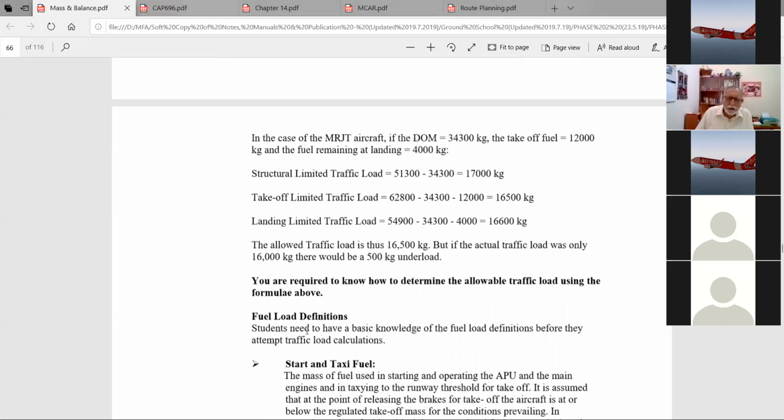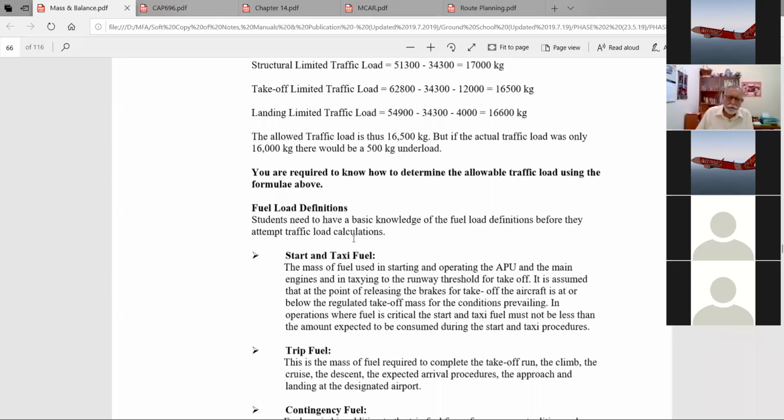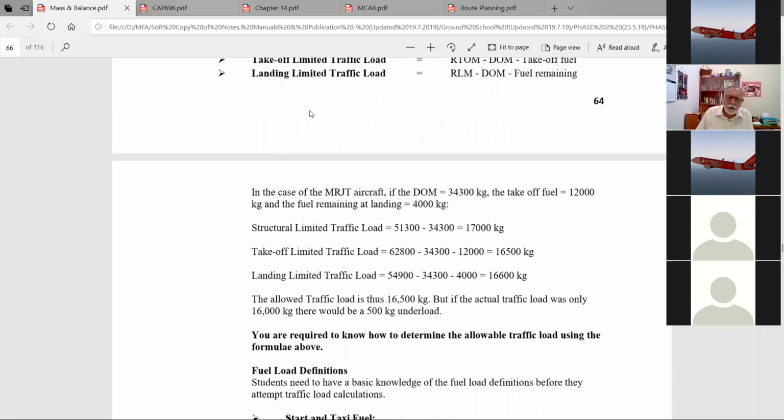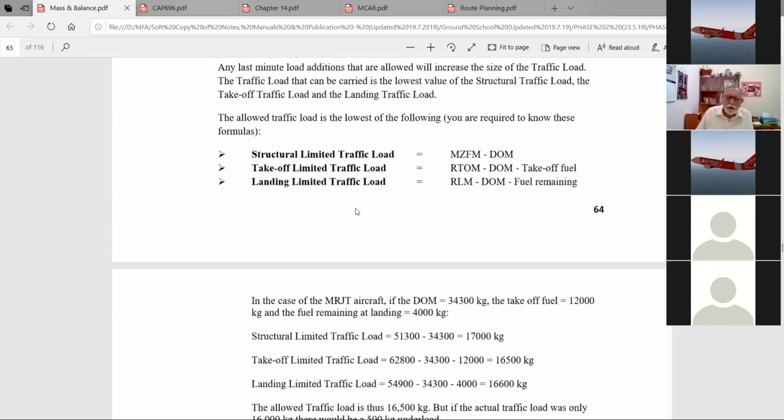And it says over here, you are required to know how to determine the allowable traffic load using the above formulae. Very important. You will get a question and you cannot use your diagram of DOM plus traffic load equals zero fuel mass. You have to know this formula. What is the formula?